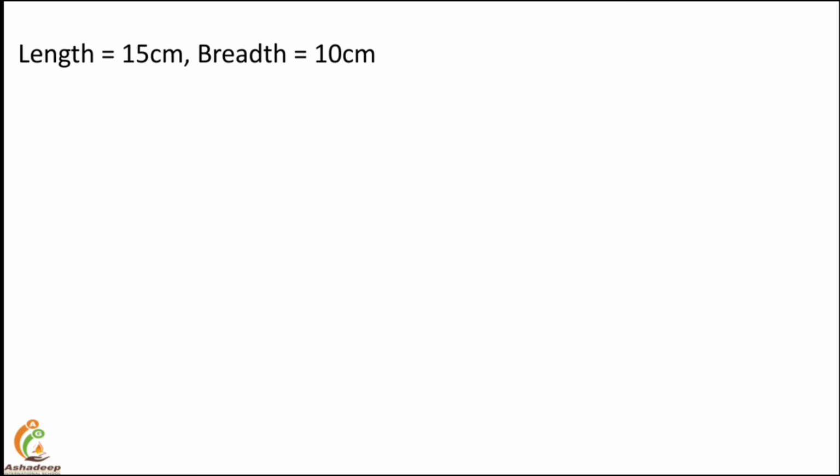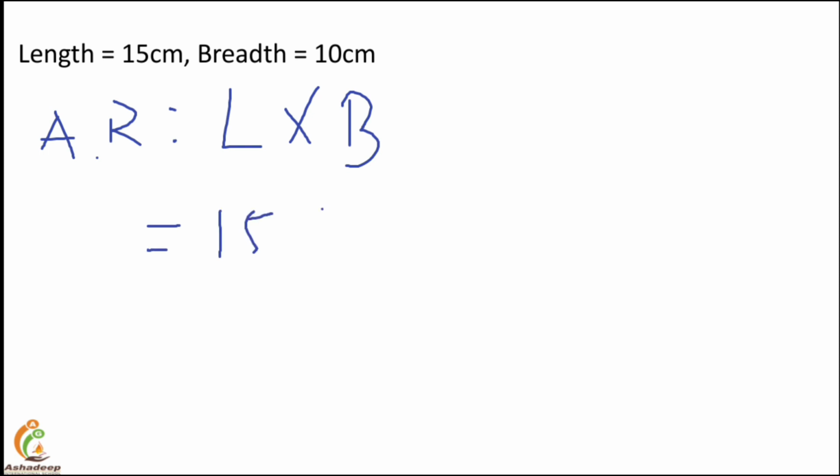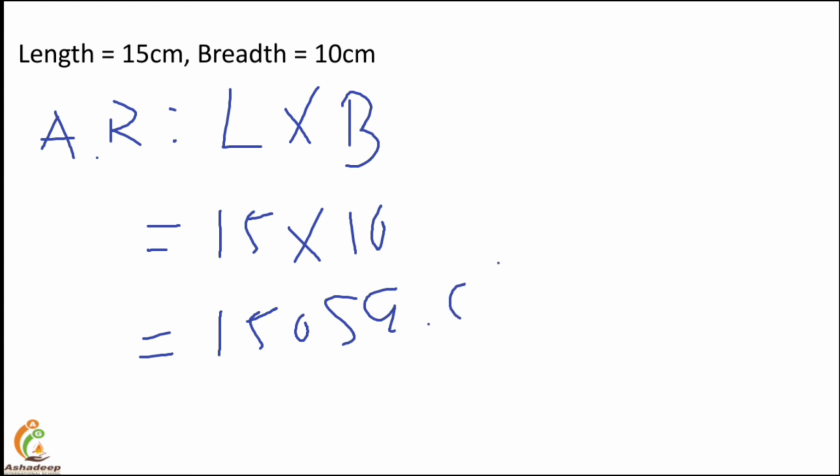Okay, next I have 15 centimeter and breadth 10 centimeter. So this will be area of what? Rectangle. And formula of area of a rectangle is length multiplied by breadth. So we'll write 15 and 10, and 15 tens are 150 square centimeter.